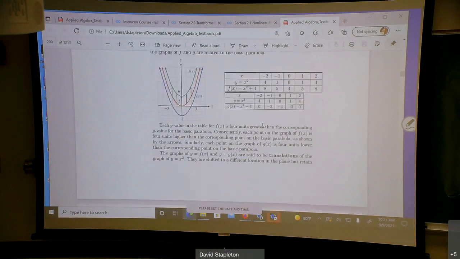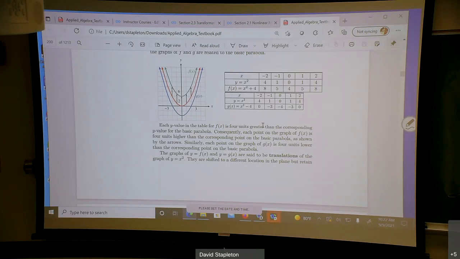I like minus h, but I'll follow the book here and use their notation. How is the graph of f of x plus h related to the graph of y equals f of x?